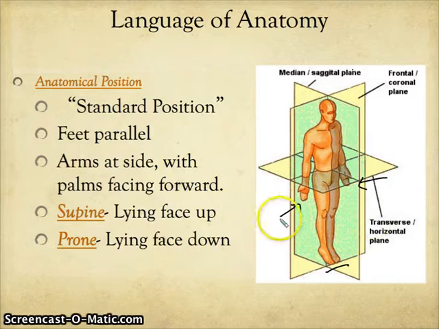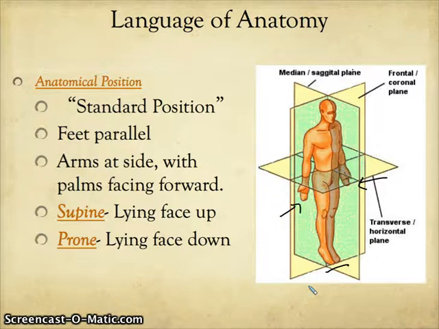Everything is related from this. If we talk a direction from the midline to the right or the left, it's always from the midline here. Notice that the thumbs are not medial, not on the inside, they're on the outside, and that's important when we relate one structure to another.